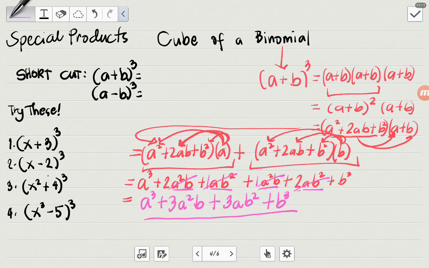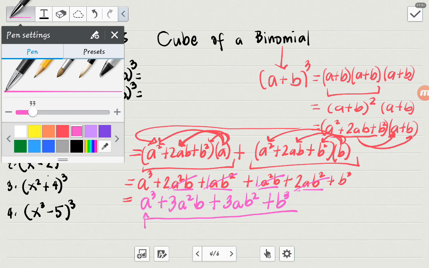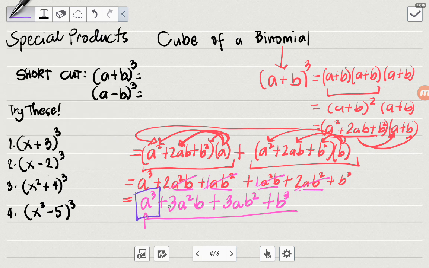So let's analyze the pattern. Okay. So we have our first term. So, para makuha si first, ilang terms ba muna ang ating sagot? So, ang ating sagot ay may 1, 2, 3, 4 na terms.